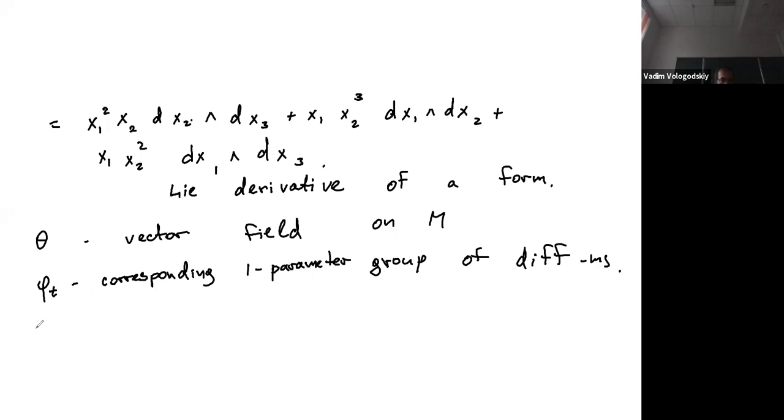So maybe I'll write it. In the case when M is not compact, it's not globally defined.